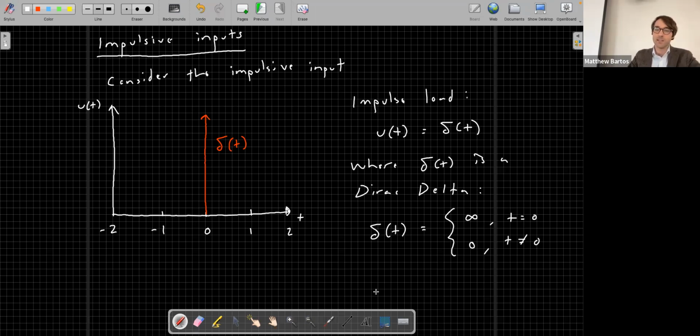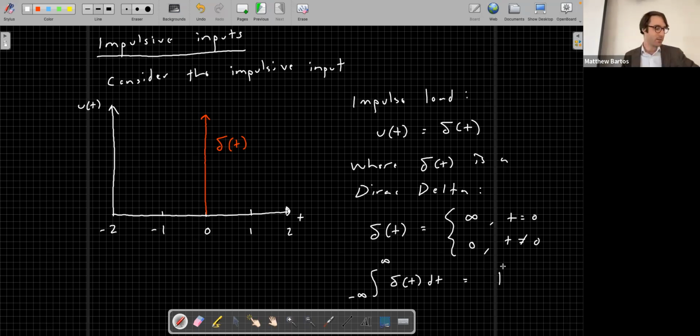And importantly, the integral of this function from negative infinity to positive infinity, we take the integral over time, evaluates to 1. Okay, so it's a function that is 0 everywhere except for time equals 0, where it has a magnitude that you can consider as infinite. And if you integrate this function, it gives you 1, it gives you unity.